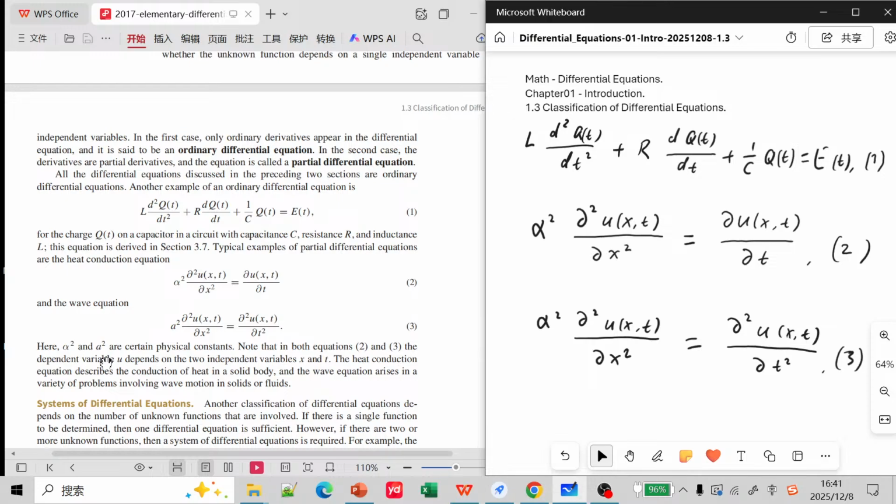Here α² and a² are certain physical constants. Okay, this term should be a².